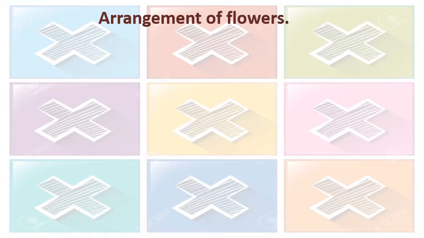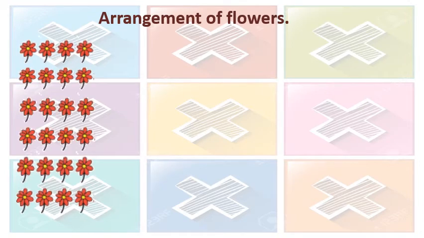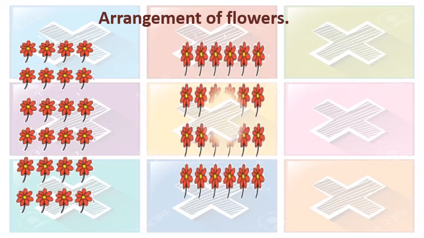Arrangement of flowers we will see. See, this is first one, and this is the second one. Here the same numbers of flowers are there, but we have arranged them in different ways. In the first pattern, each row has 4 flowers. Okay, and how many rows are there?